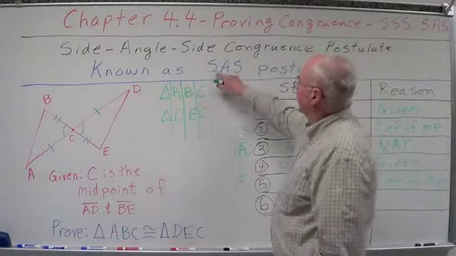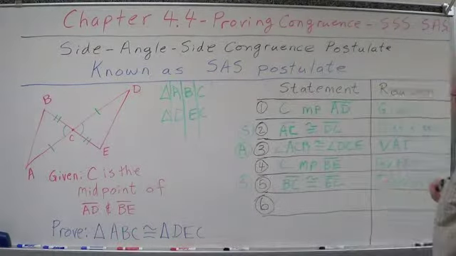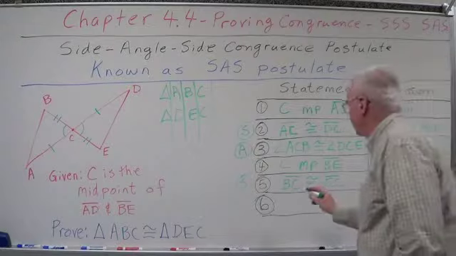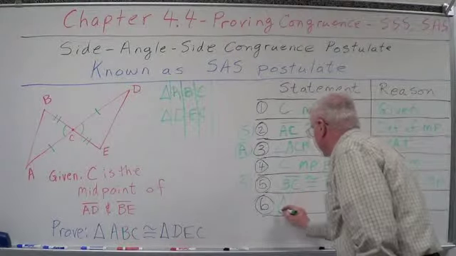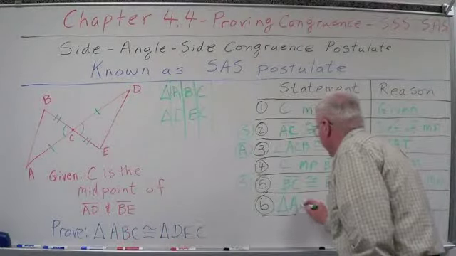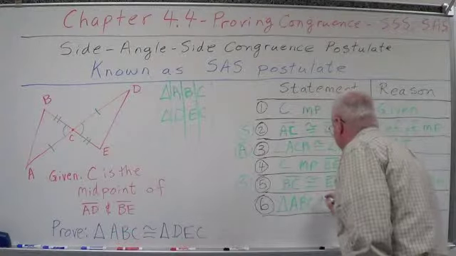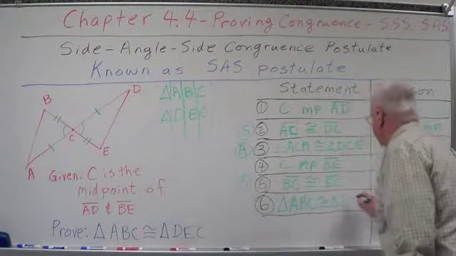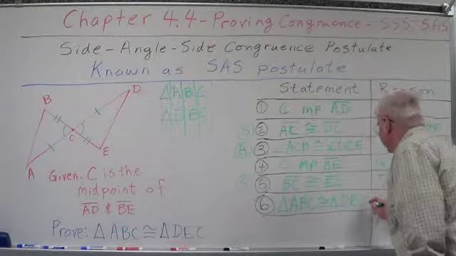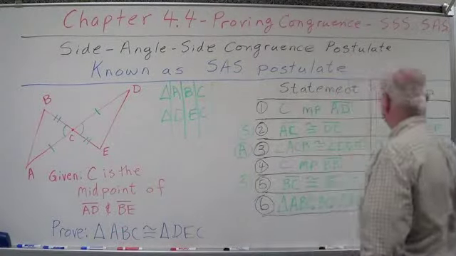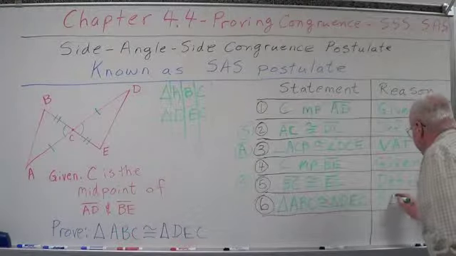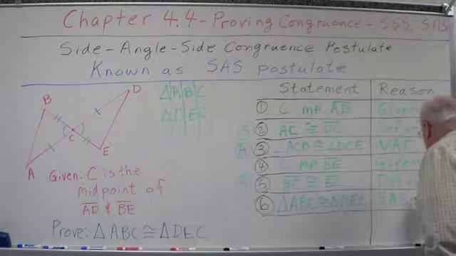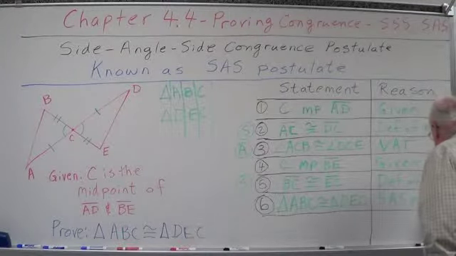SAS. SAS. We got it. Therefore, triangle ABC is congruent to triangle DEC. Why? Because of the SAS postulate.